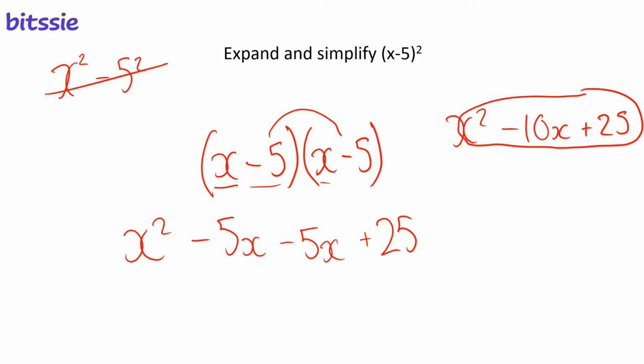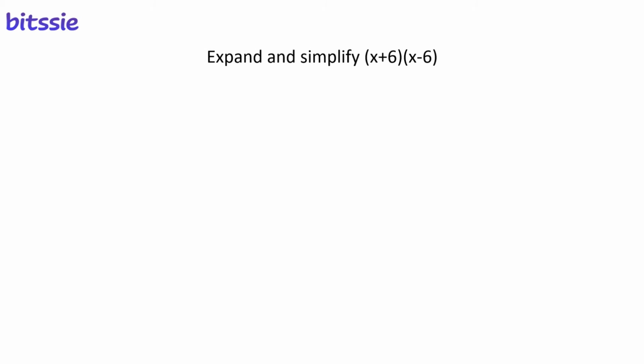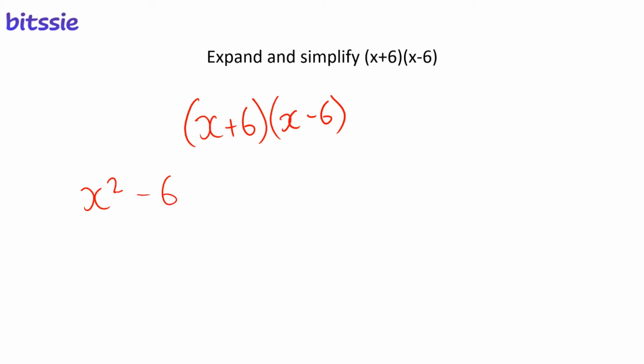Now let's look at question 3. We've been told to expand and simplify (x + 6)(x - 6). So let's go ahead and do it using our usual technique. So we multiply the first term of the first bracket with the first term of the second bracket. Then we multiply the first term of the first bracket with the second term of the second bracket to give us minus 6x.